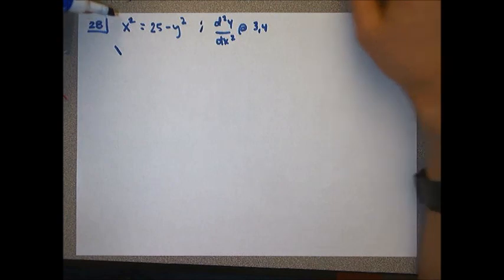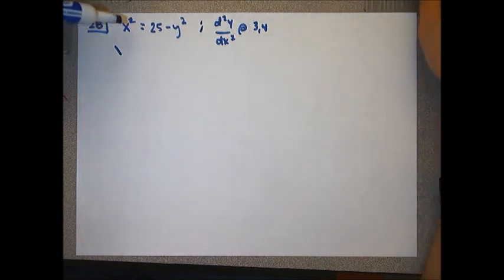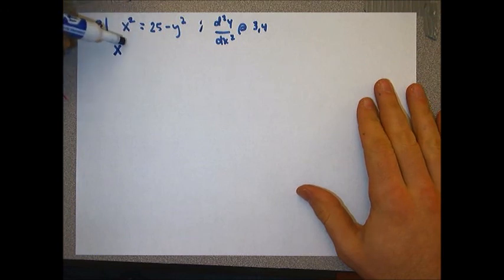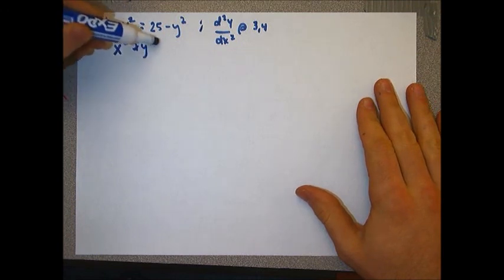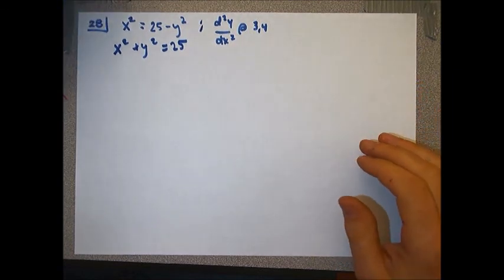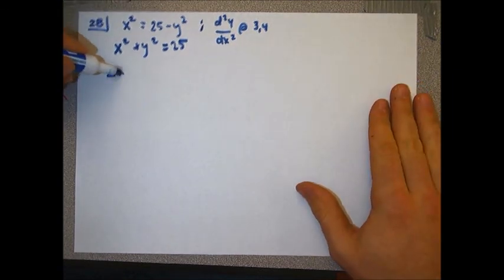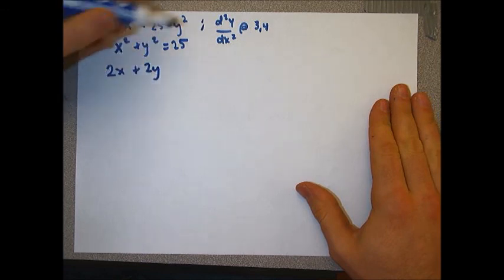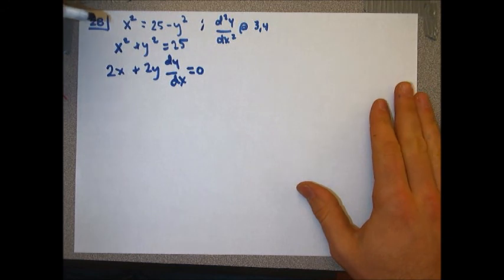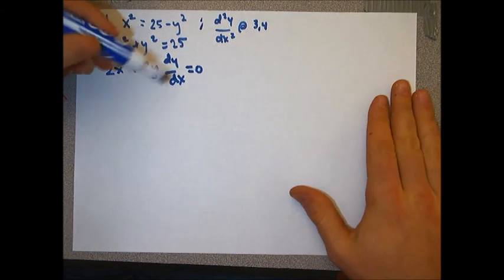Question 28 asks you to find the second derivative at the point 3 comma 4. The first thing I did is rewrite this as x squared plus y squared is equal to 25. From there, I'm going to differentiate implicitly. 2x plus 2y, anything with a y gets dy dx, is equal to 0. We want to solve for dy dx.